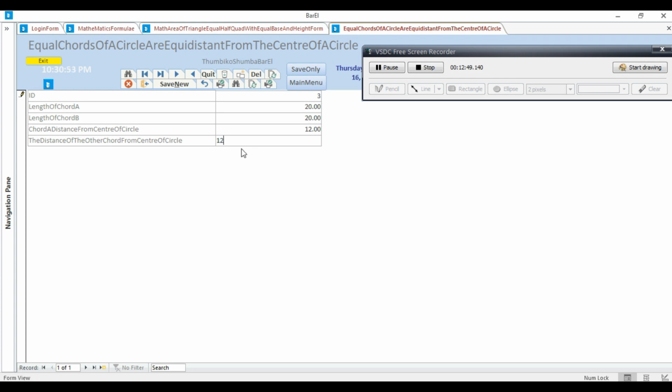Therefore, this one should also be 12 because their lengths are the same. But if they are different, you see it will not give you an answer unless the chords are the same.